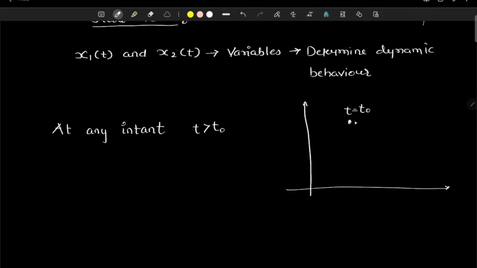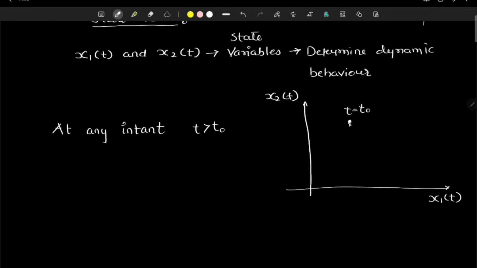After t naught, the state of the system is determined by these two variables, x2 of t and x1 of t. Okay, these are the states of the system. So after t is greater than t naught, the state of the system is determined by these two values, x1 and x2. Okay, so these two values, x1 and x2, are called the state variables.